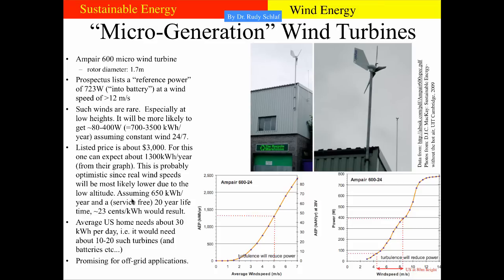Now we assume service-free and no batteries and so forth, so the real cost would probably be considerably higher if you integrate this wind turbine into a control system. Now the average US home needs about 30 kilowatt hours per day, so you would need maybe 10 to 20 of such turbines plus batteries and so forth to really go self-sufficient with a house.